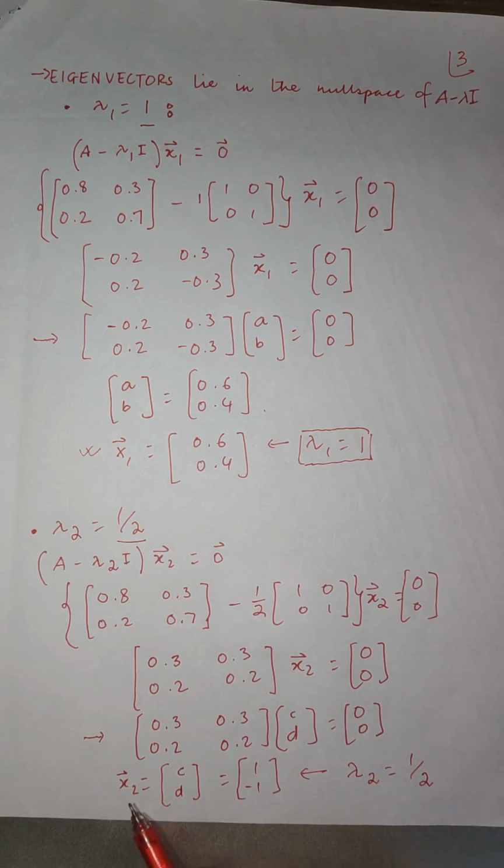So vector x sub 2 is equal to the vector containing c and d, which is equal to 1 and -1. So x sub 2, which is equal to 1 and -1, is the eigenvector corresponding to the second eigenvalue, which is 1/2.